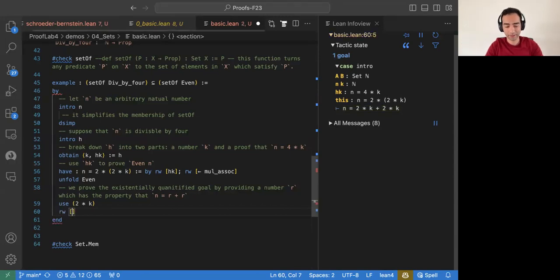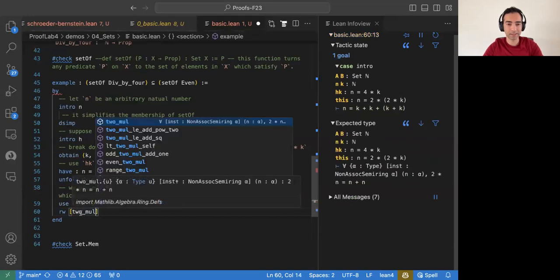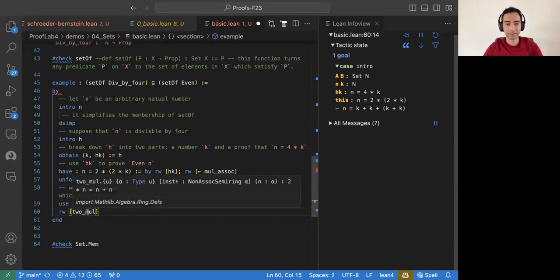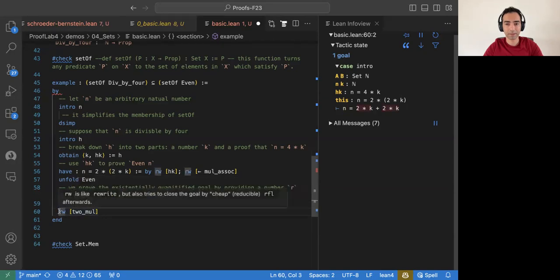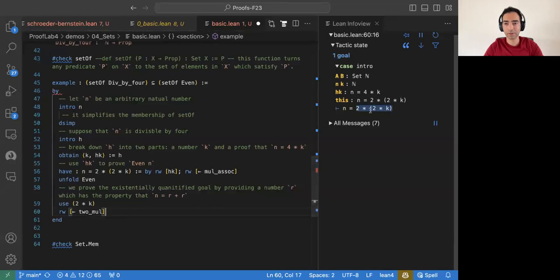There is a lemma called two_mul, which does that. two_mul says 2 times n is n plus n. And that's what we want to do, right? So maybe if we do that, but rather backward in the goal, then our goal changes to exactly what this proves.